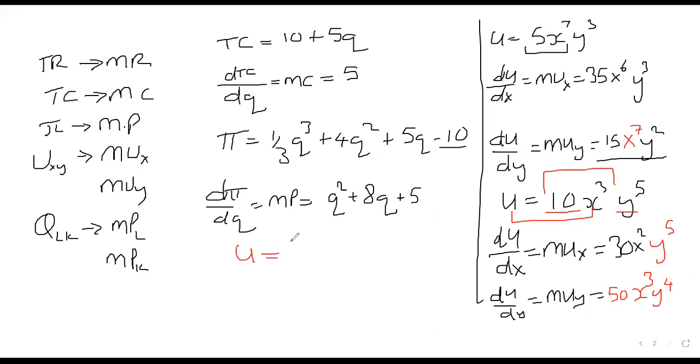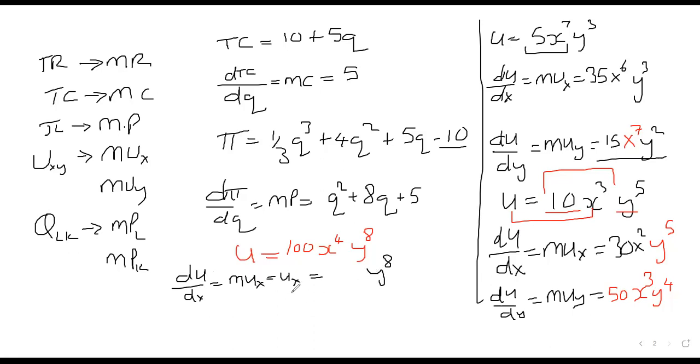So let's move. Let's try this one here now. 100x to the power 4 and y to the power 8. Who wants to try to find our du dx? Du dx equals, so it means that we are taking the y8 there as our dummy.